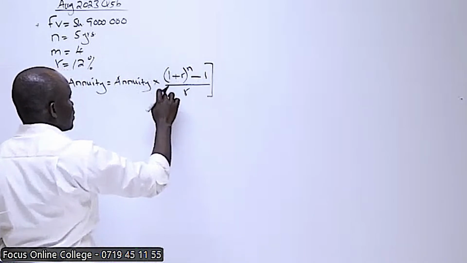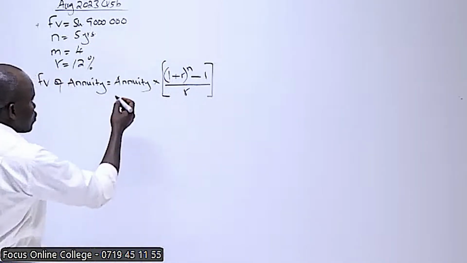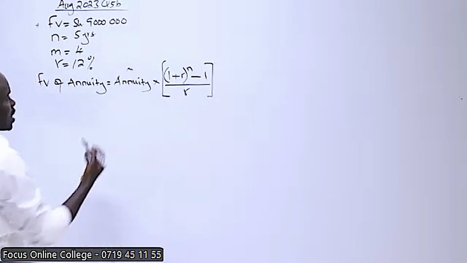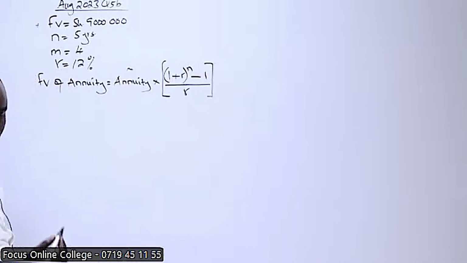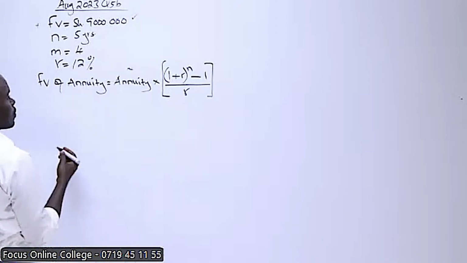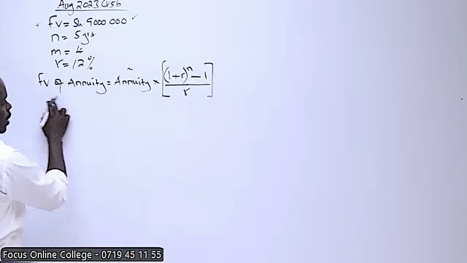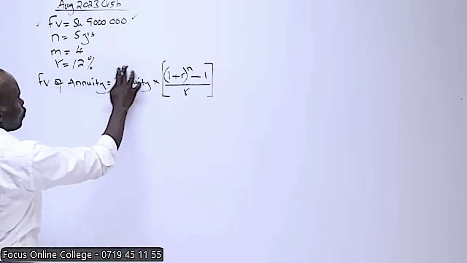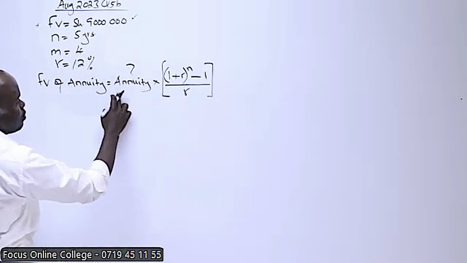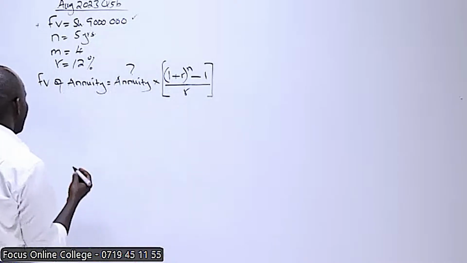That is what we've said. So the annuity, this is what we are looking for, because the annuity is the amount of money that he will be depositing each quarter. Then the future value of the annuity is the 9 million. So here the 9 million will come here. How much should he be depositing to make it 9 million after that period of time?